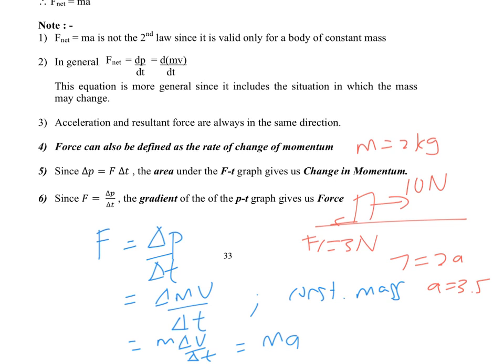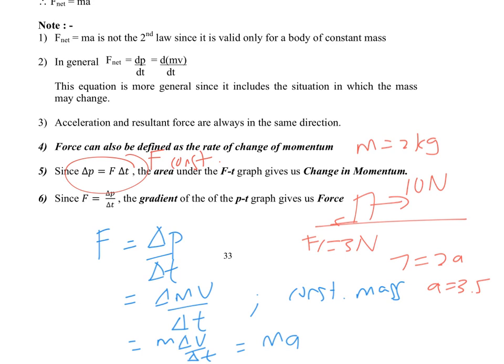From this equation, F equals to delta P over delta T, do you realize that I can bring the delta T over? So I will get change in momentum, delta P, equals to F times delta T, right? So it means that you can also find the change of momentum if you take F times delta T. But you can only use this formula straight away, provided your force is constant.